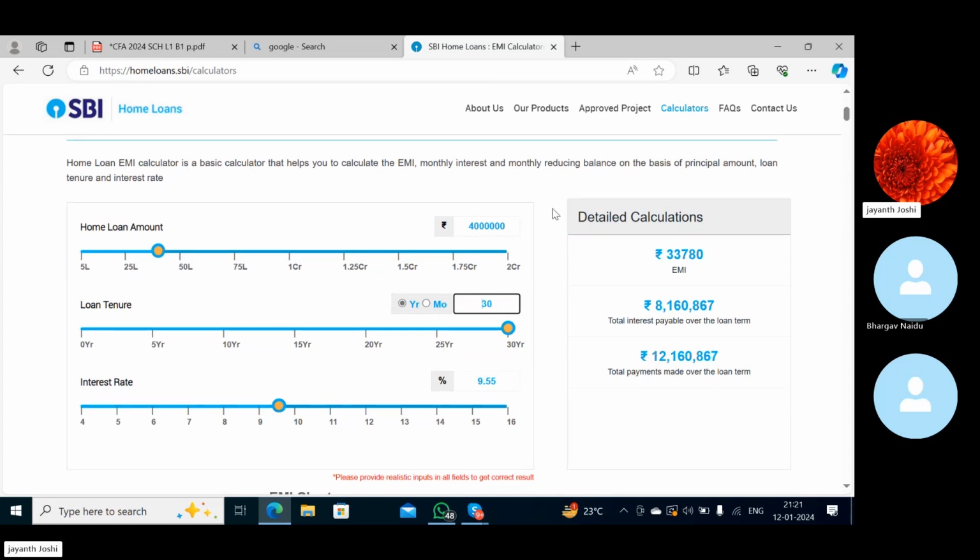For a loan of 40 lakhs, I am paying double the amount as interest. The total amount I am paying to the bank after 30 years is 1 crore 21 lakh 60,867.